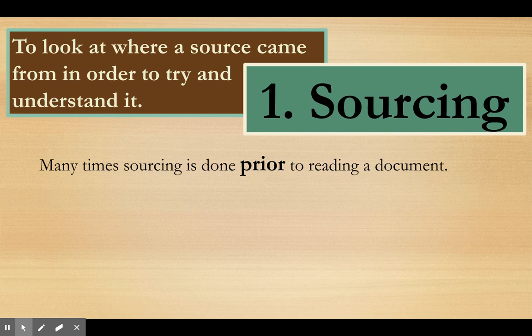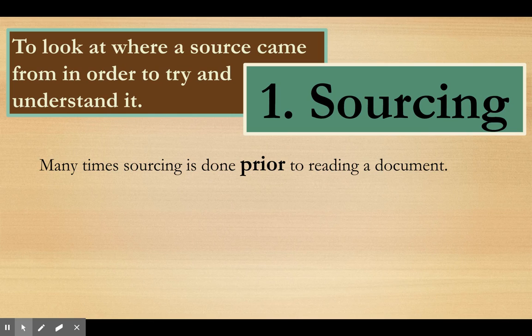So anytime you get a document to read, and you are going to read documents all year long, really the first thing you should do is look at whether or not there's a source listed, either on the top or on the bottom, underneath the reading.